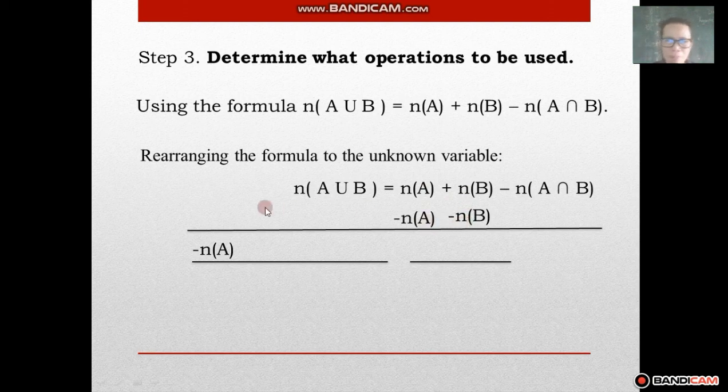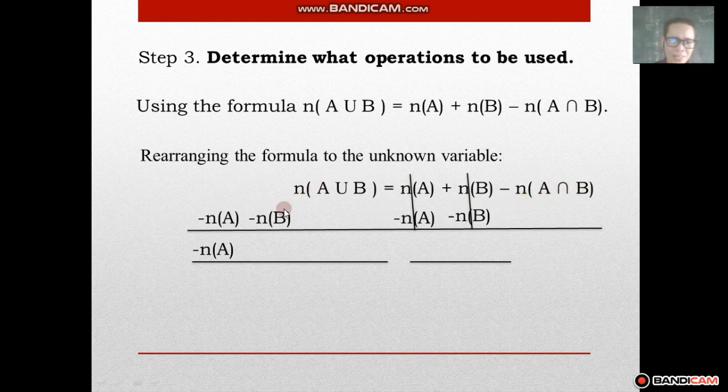We need to add both sides in order not to alter the formula. Now, applying the concept of addition of integers, when we add different signs, the result will be equal to 0. Since these are similar variables, we can eliminate these two. So what will remain in this side is the unknown variable that we are looking for.